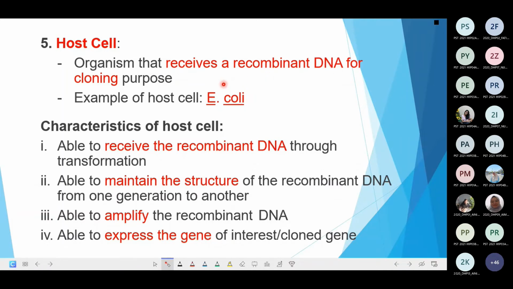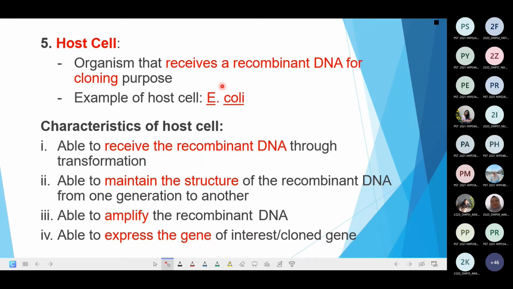We can say that we use this host cell to clone the recombinant DNA, so that our target DNA, our gene of interest, will form many copies. So the example of the host cell that we normally use will be this bacteria E. coli.